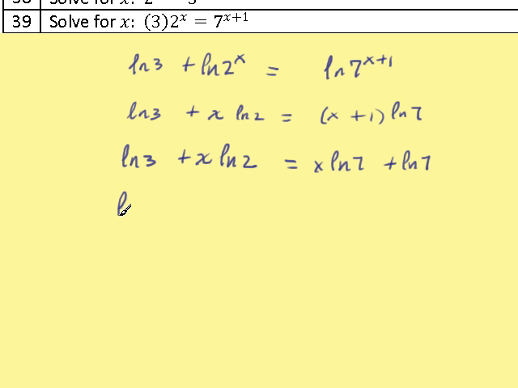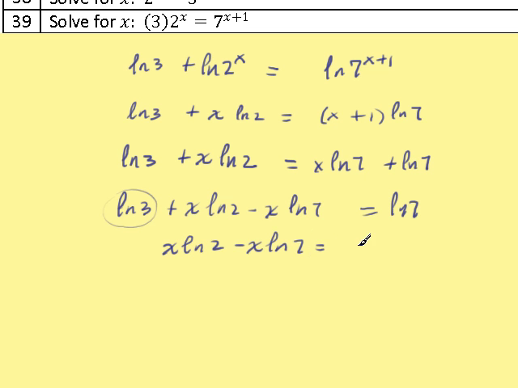So I'll have ln 3 plus x ln 2 minus x ln 7 equal ln 7. And now I want to get rid of this, subtract that, bring it to the other side. x ln 2 minus x ln 7 equal ln 7 minus ln 3. So what we accomplished, everything with x on one side, everything without x on the other side. Now factor out that x.